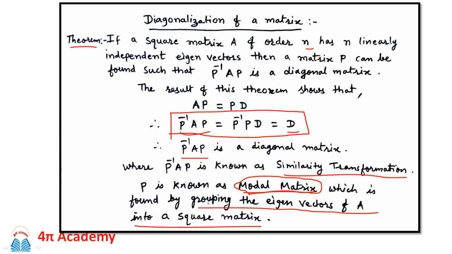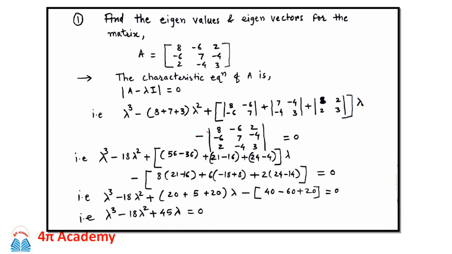But here this modal matrix is found by grouping the eigenvectors of A, and therefore you need to first find the eigenvectors. Let us take an example which we have considered in the previous lecture, which was based on how to find the eigenvalues and eigenvectors of the matrix.